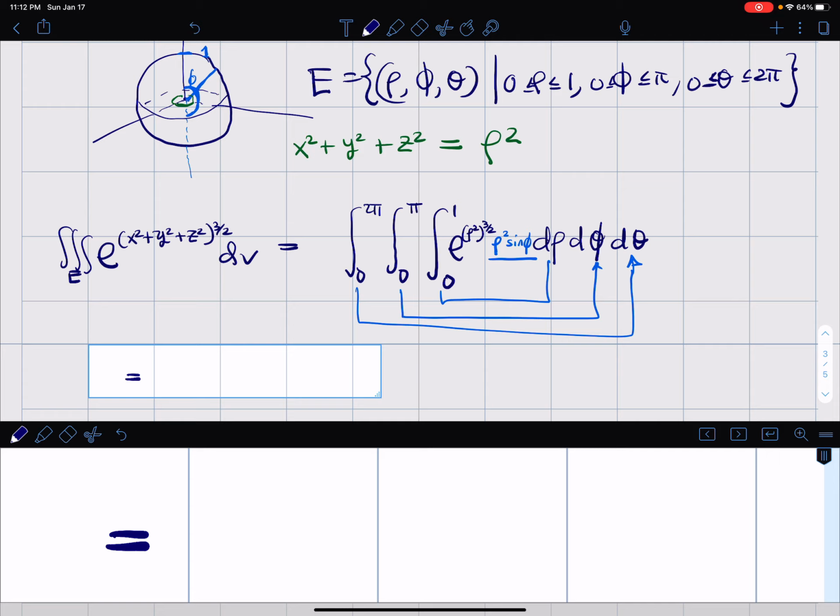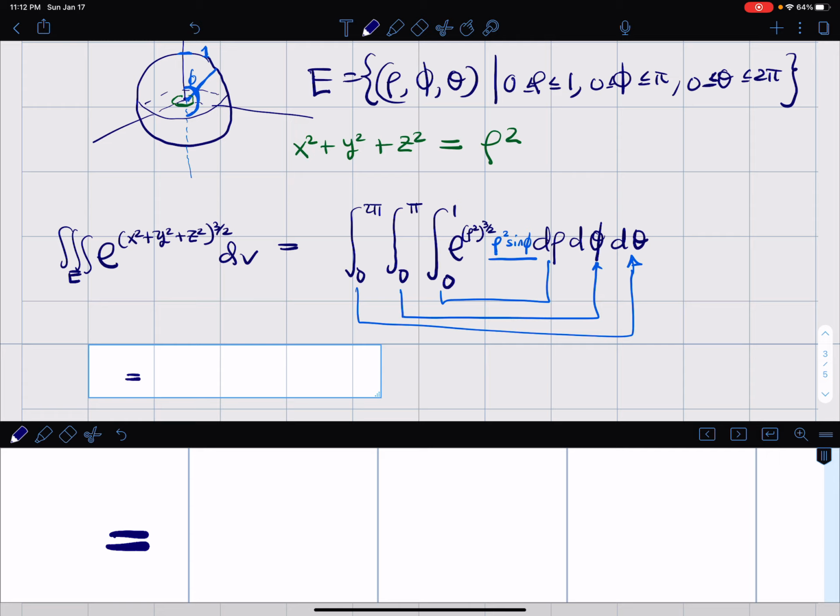So now this is an integral where you can separate everything. You have a function of rho, a function of phi, and a function of theta.